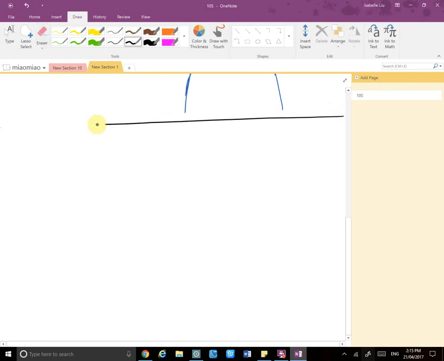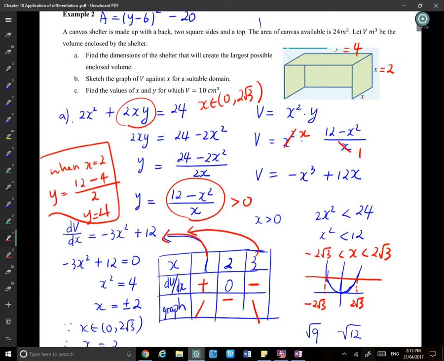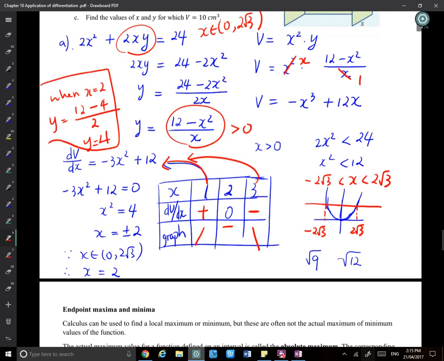Two more parts. Go to part B. Part B is sketch V against x for a suitable domain. Can you see this shape of the graph? It's like this shape.